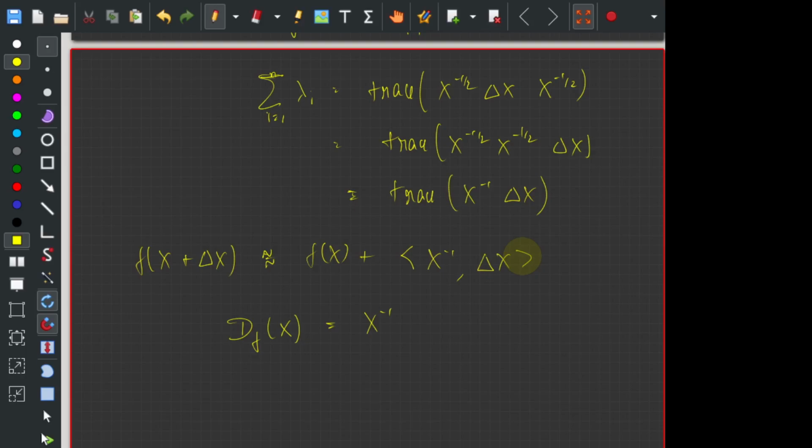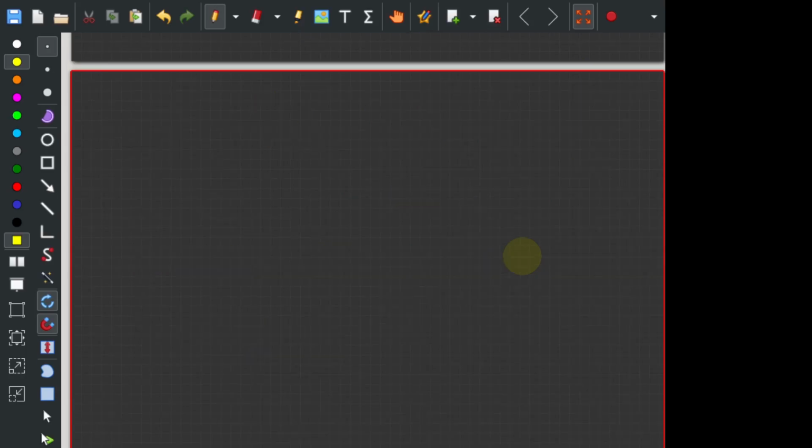Okay, so now that we've seen the derivative, how do we define the second derivative of a function? We do the same thing for it. So what is the second derivative equal to? Correct. So it's a derivative of the derivative.